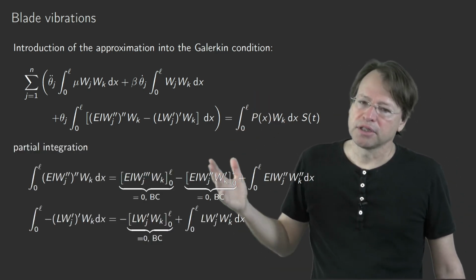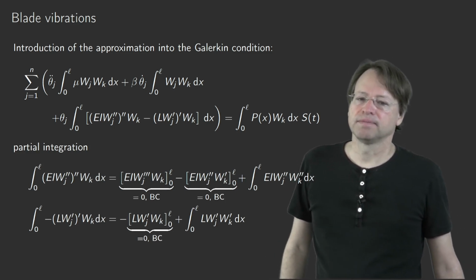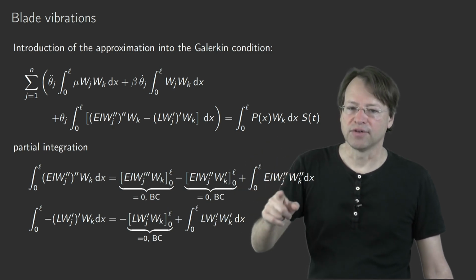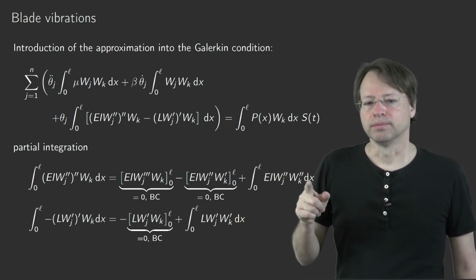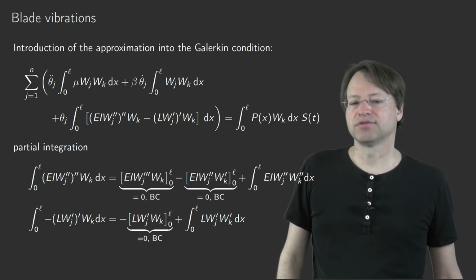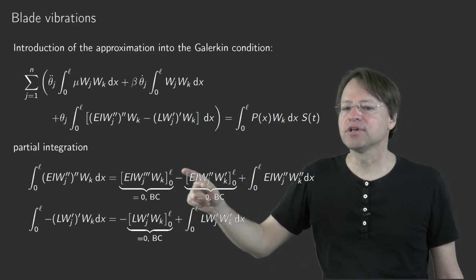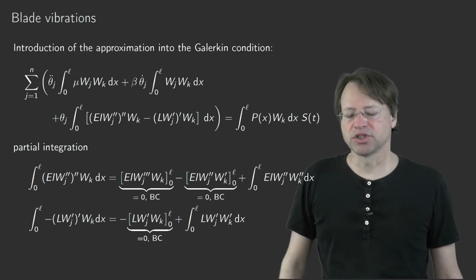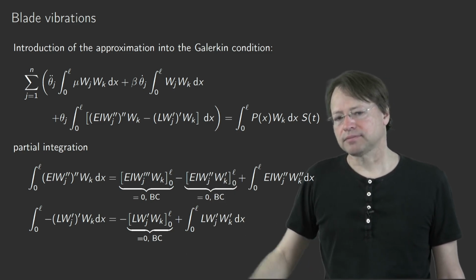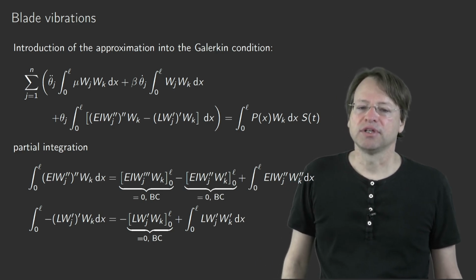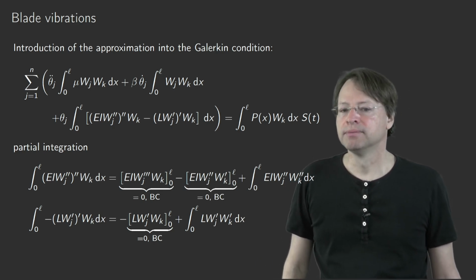So a partial integration is classical. For the first term we have to do it twice, so we arrive at the positive term. The two derivatives are shifted to wk. However, we have to take our boundary conditions into account in order to make sure that these boundary terms vanish.